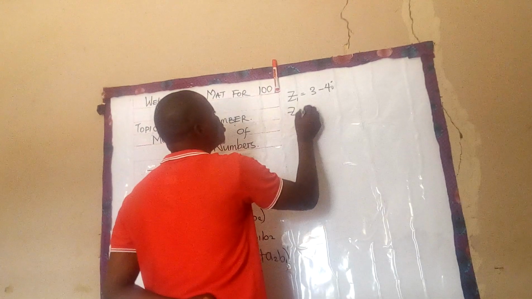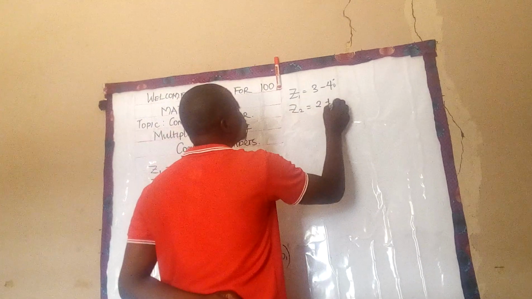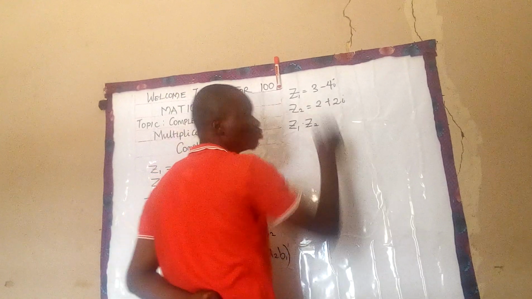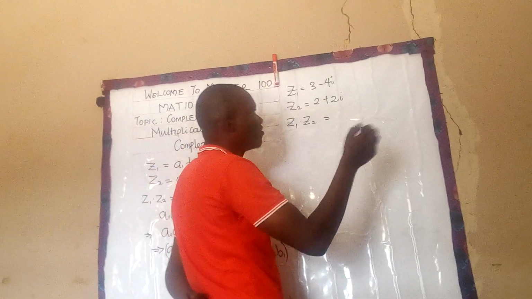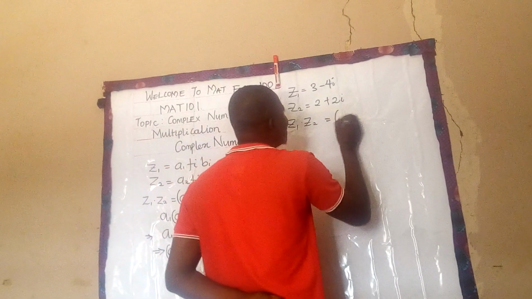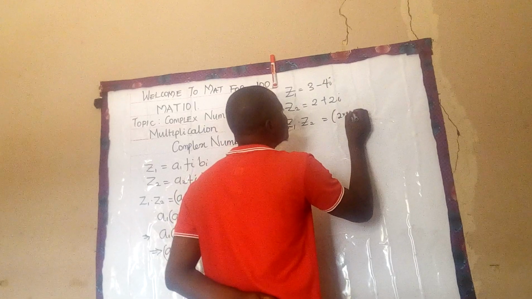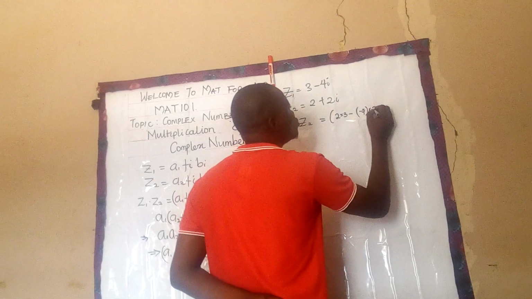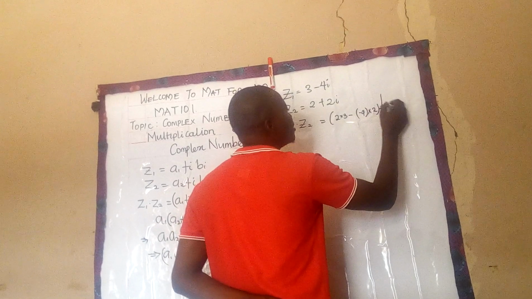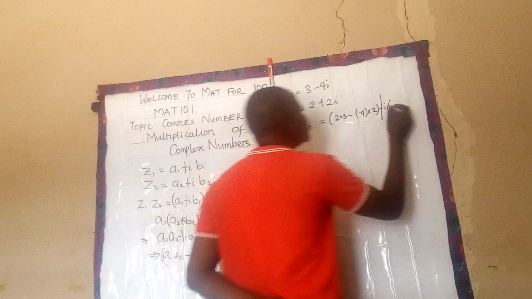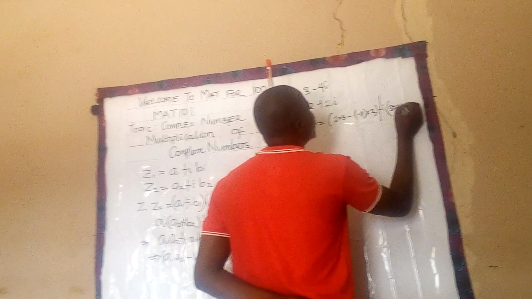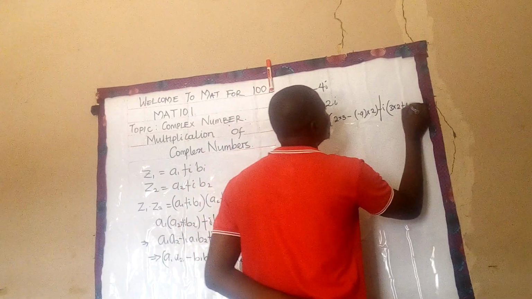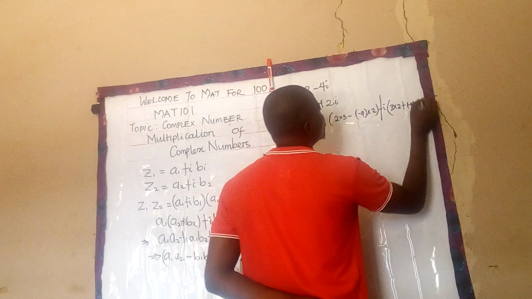So back to our example, when we have Z1 equals 3 minus 4i, and we have Z2 equals 2 plus 2i. Find Z1 multiplied by Z2. So if we use our formula, real part multiplied by real part, so I have 2 times 3 minus the imaginary part, negative 4 times 2, plus i open bracket, this times this, so I have 3 times 2 plus the imaginary part times the real part of this, which is minus 4 times 2.